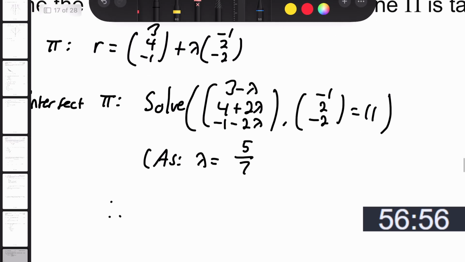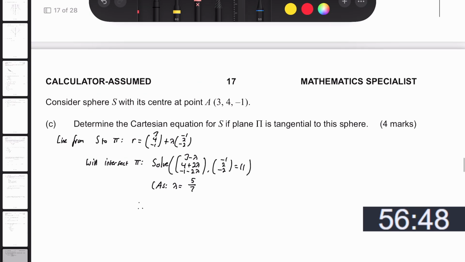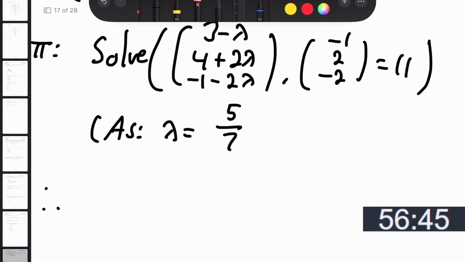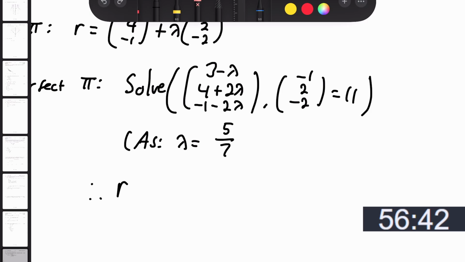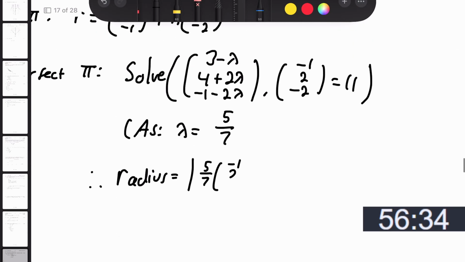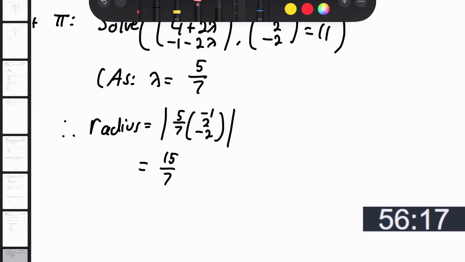Therefore, the radius is going to equal the absolute value of 5 on 7 of negative 1, 2, negative 2. Let me get a vector, the normal of 5 on 7 of negative 2, 15 on 7.